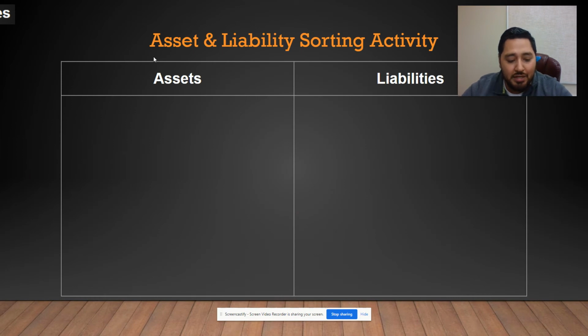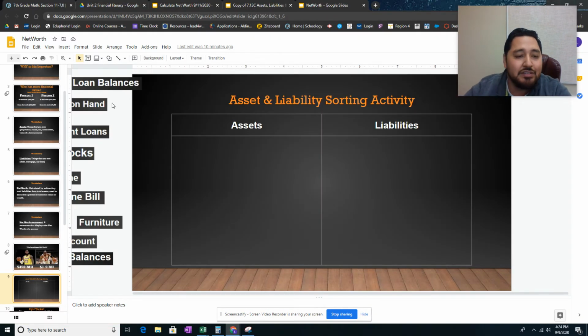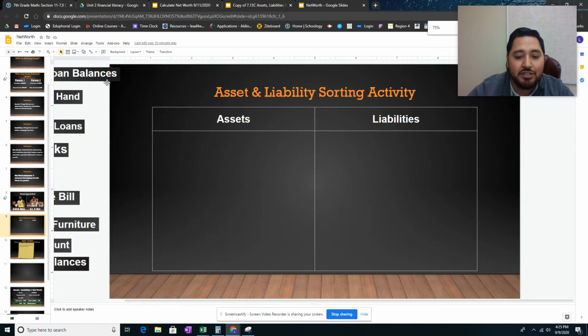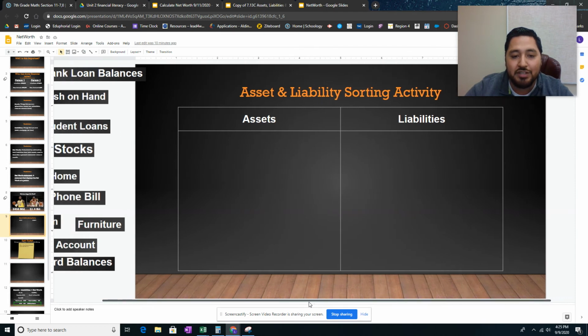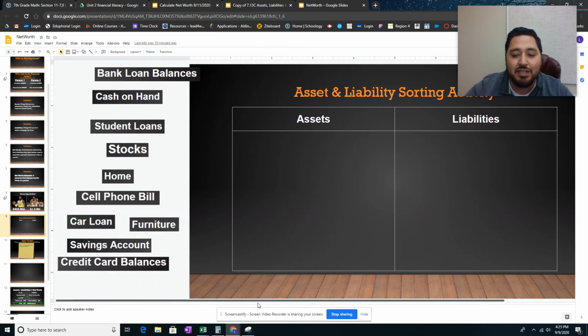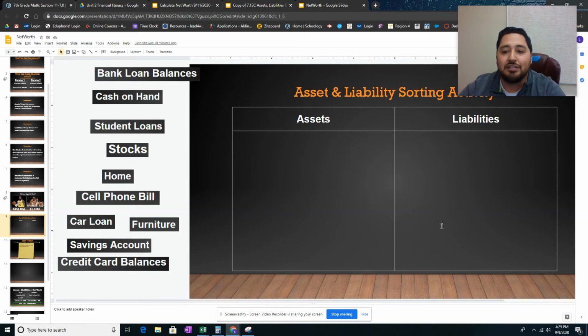So I'm going to get out of this, and we're going to talk about net worth. We're going to talk about assets and liabilities, and we're going to go over some of these. I have a chart here, and on my left side I have assets, and on my right side I have liabilities, and I'm going to organize the different things in my life into the different categories.